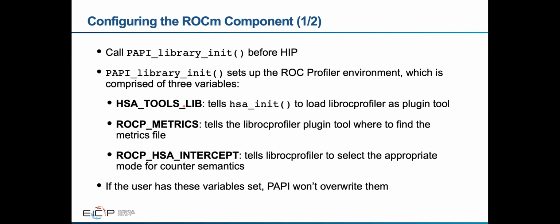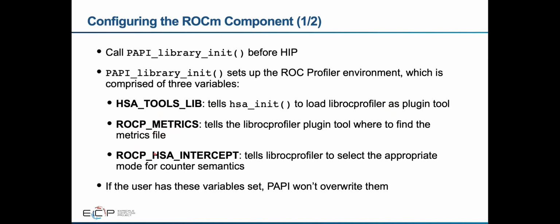HSA tools lib tells HSA init, the runtime system in ROCm, to load libroc profiler as a plugin tool. ROCP metrics tells the libroc profiler plugin tool where to find the definition of the metrics for the GPU hardware. So this is an XML file typically.